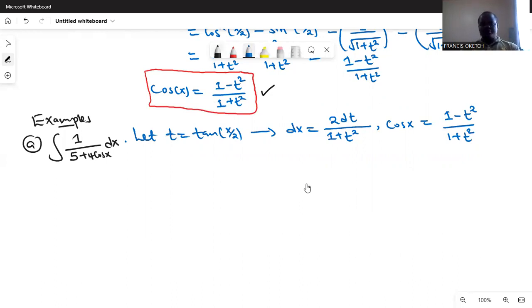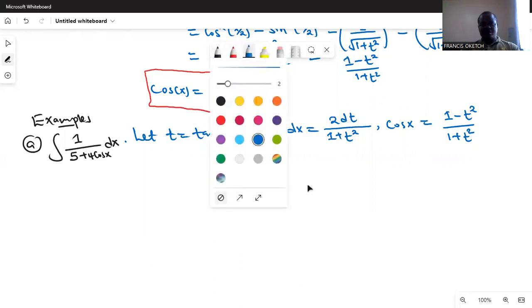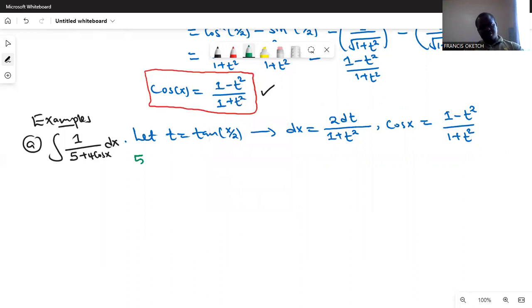Denominator, what will we have? I can use a different color. Let me use green. So I want 5 plus 4 cos x. What will this give us? It is 5 plus 4 cos x, which is the same as 1 minus t squared over 1 plus t squared.